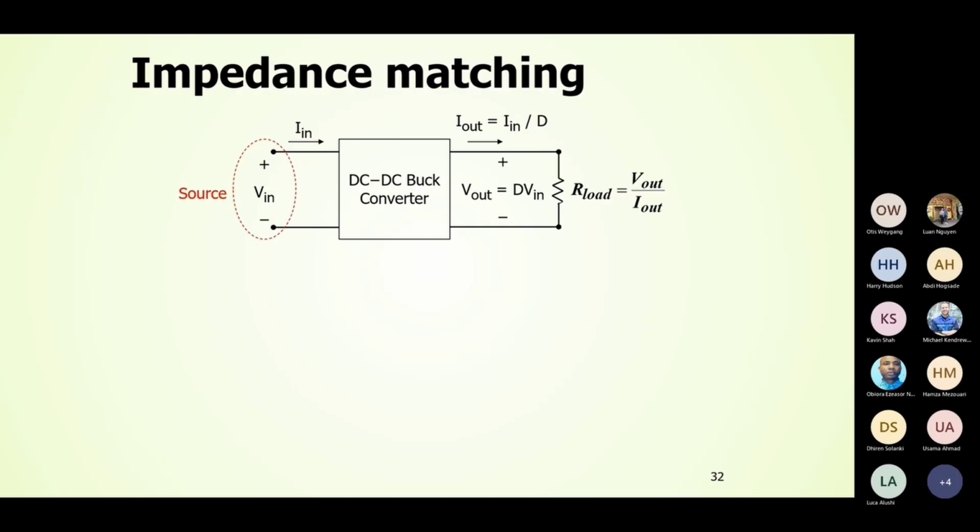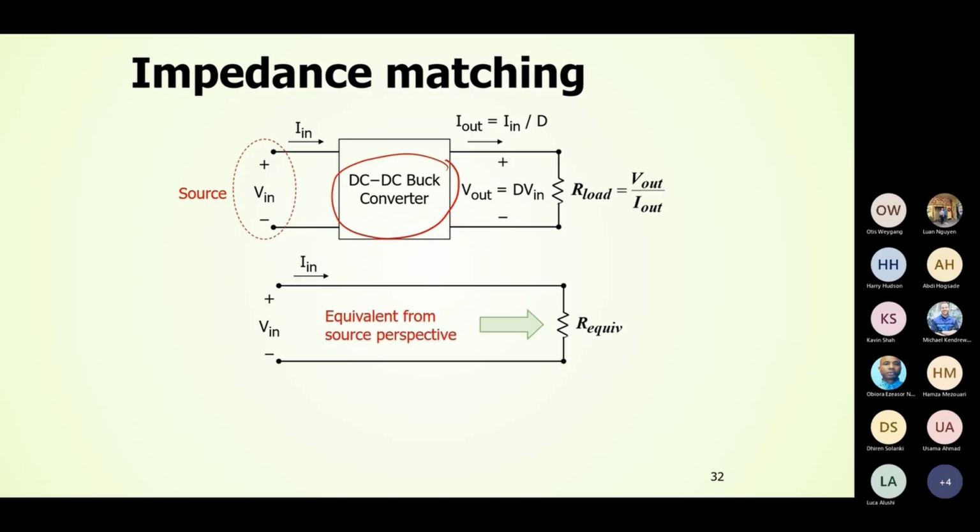So a DC-DC buck converter is something that we can use as this artificial impedance altering method. By controlling the switching of my DC-DC buck converter, I can actually change the impedance of my circuit.